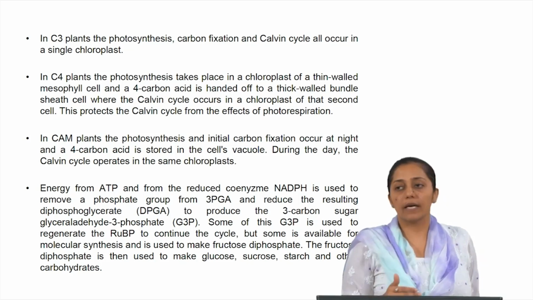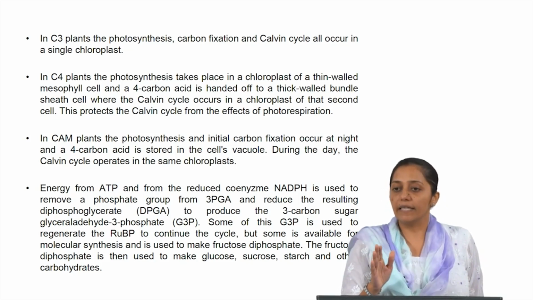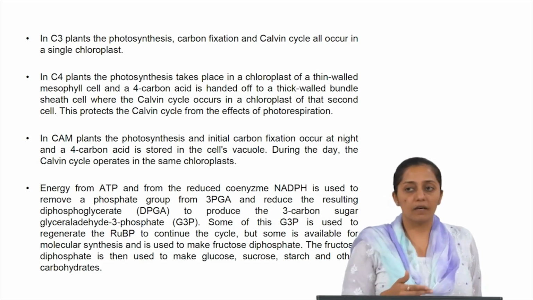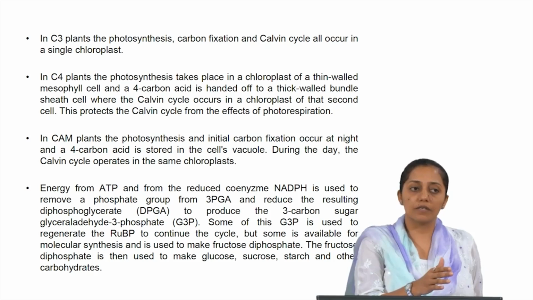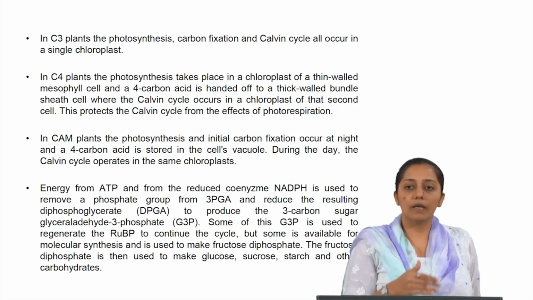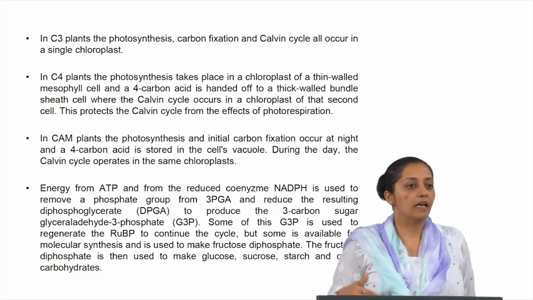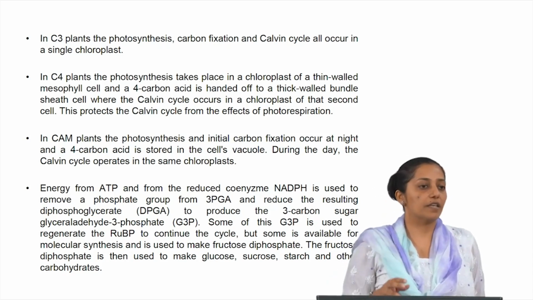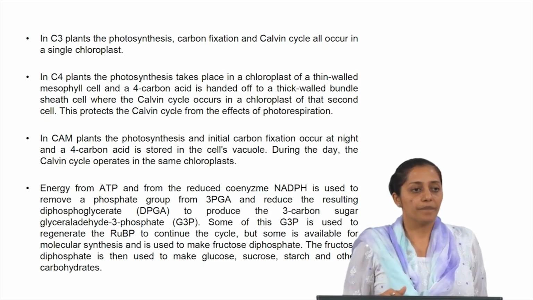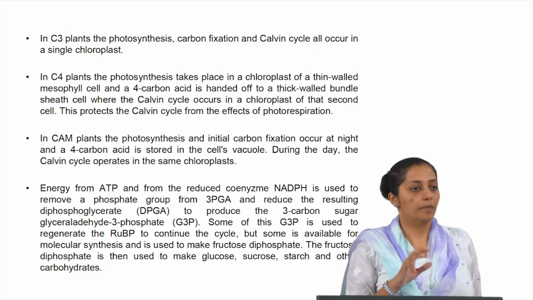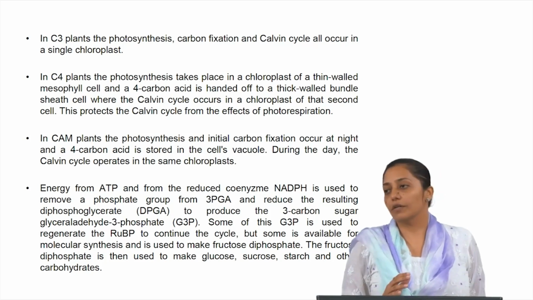Now, once phosphoglycolate is formed, it is a highly toxic molecule. So, the cell drives certain reactions to convert this toxic molecule into a number of molecules like glycine, and then glycine gets converted to serine, and then serine gives rise to many other molecules. All these reactions take place using the organelles peroxisome and mitochondria.